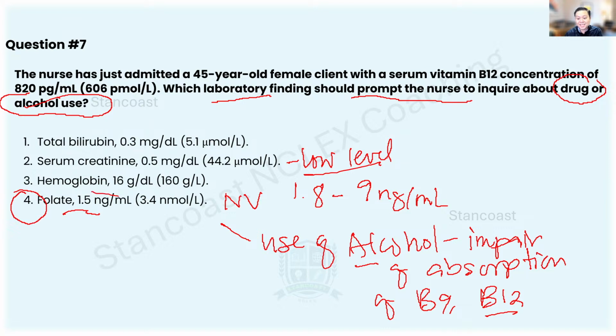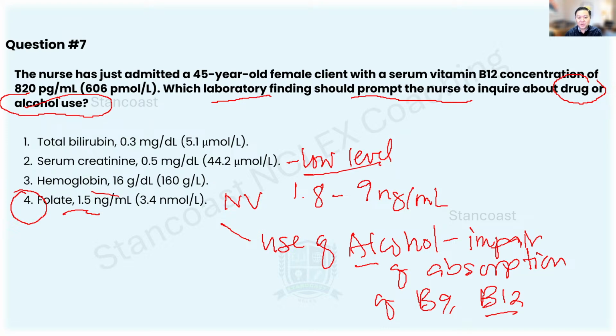Hemoglobin of 16, this is also a normal value, so it doesn't indicate any issues related to the alcohol or drug use. Okay, so our focus in this test question is basically to identify the normal ranges of our lab values so that we can identify if the malabsorption is related to the use of alcohol, and it can potentially decrease both the folate level and also the vitamin B12 level.